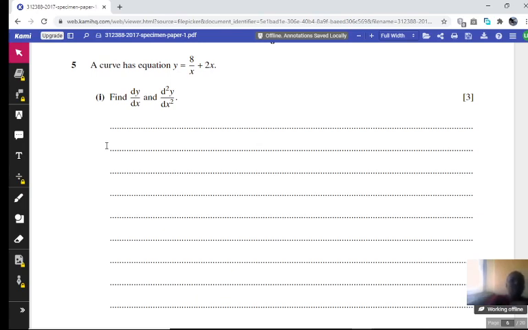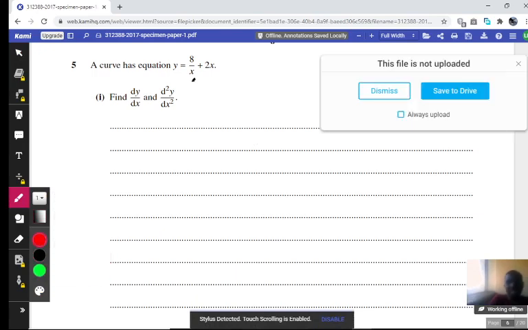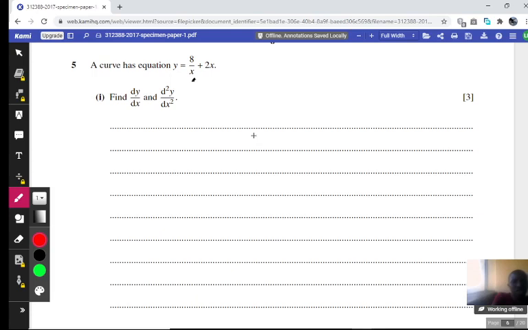So for you to be able to work this one out, make sure that the x there is supposed to be on top. Let this x be a numerator, not a denominator. Then what we're supposed to do is write it down.